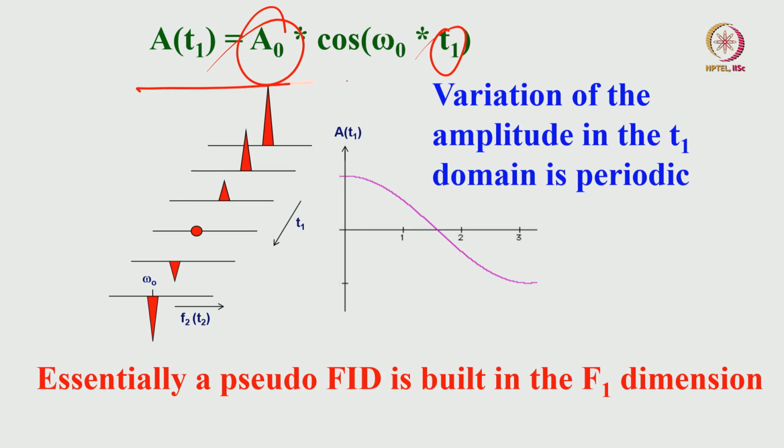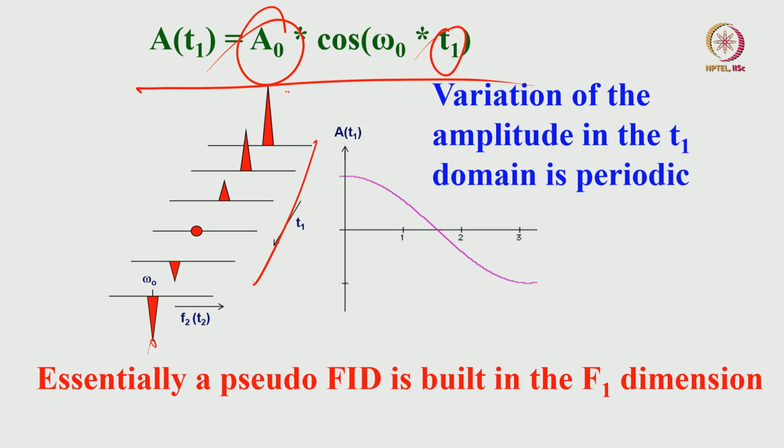The amplitude of the signal as a function of t1, how it varies, is given by this expression. What we will do is take that peak and start measuring the intensity of this as a function of t1. I keep on varying t1. Initially the signal is, let us say, negative, the intensity comes down, becomes 0, goes positive, and after some time it keeps coming down like this.